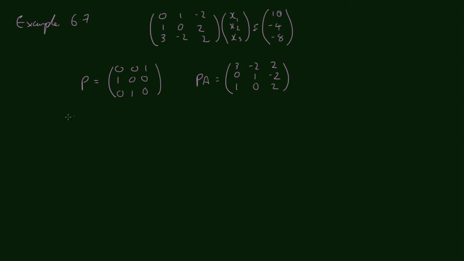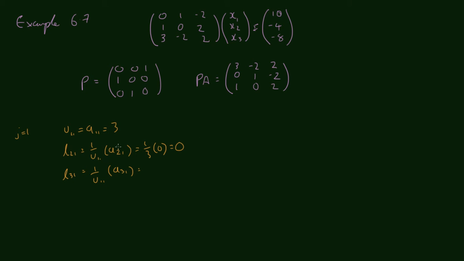Using the method as we've done in a previous video, going down the first column, U11 is equal to A11, and in this case A11 is 3. Then L21 is 1 over U11 times A21, so that's 1/3 times 0, which is 0, and L31 is 1 over U11 times A31.